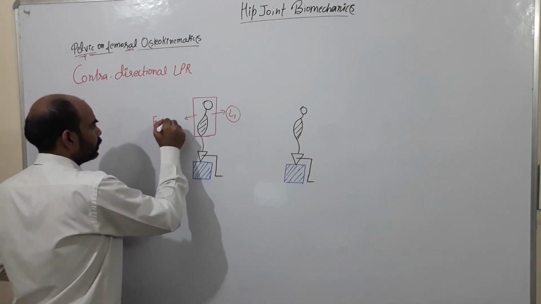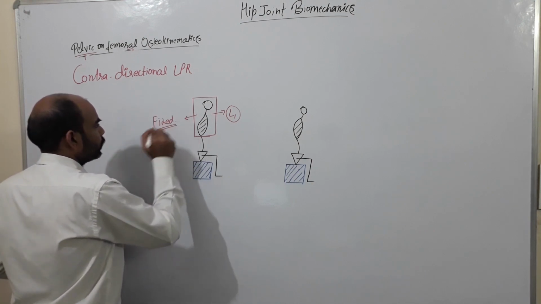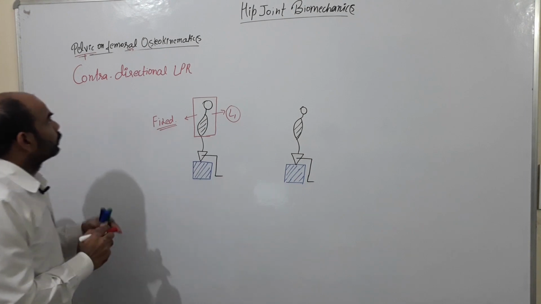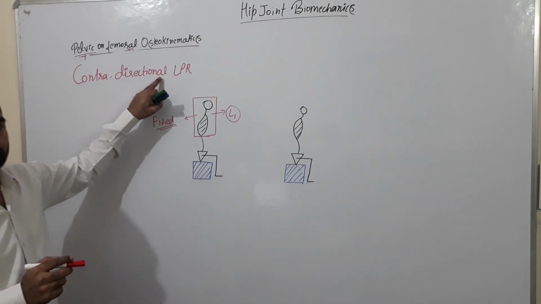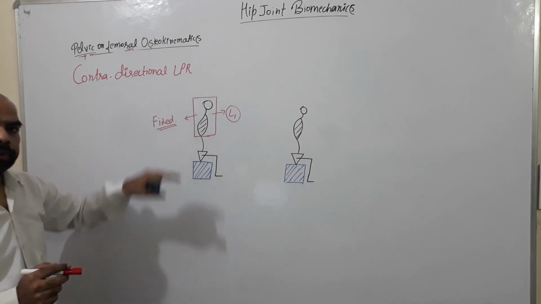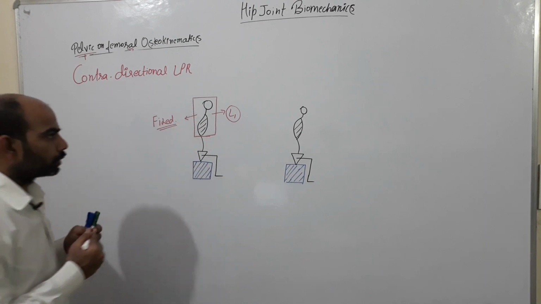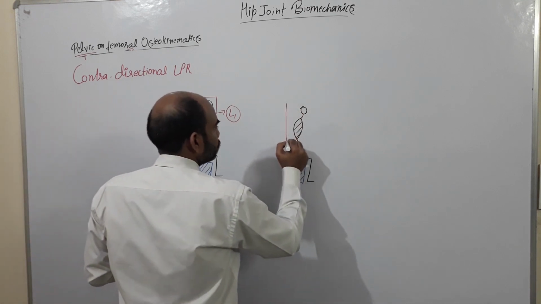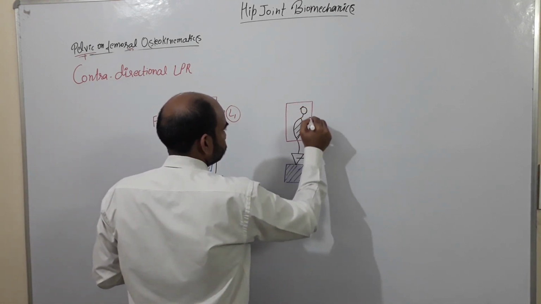So the first criterion for contra-directional lumbopelvic rhythm: maintain upper trunk in neutral or upright position.